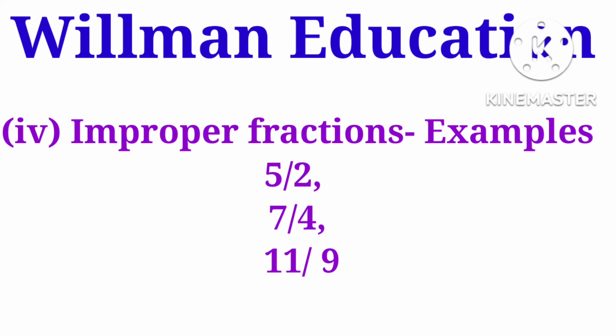This improper fraction can give you a mixed fraction also, that you will come to know within a short while. You can write on your own some sums of improper fractions from your book.